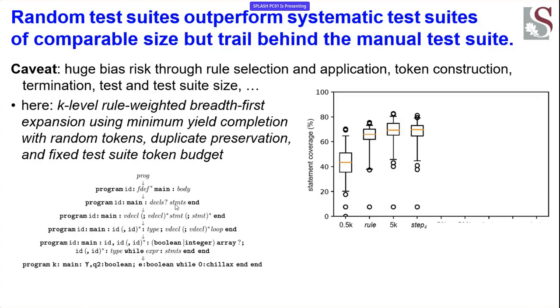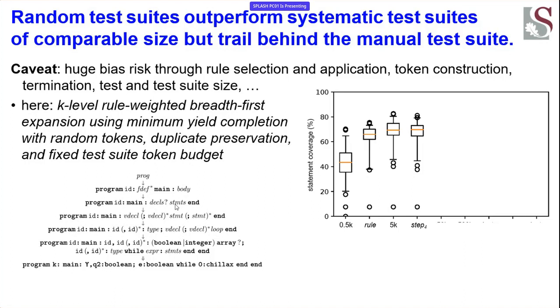But what we see is that bang for the buck, random does pretty much better than systematic. So the rule and step 4 bars are systematically generated test cases. 5K is a 5,000 token overall test suite, randomly generated, which is the size of step 4.